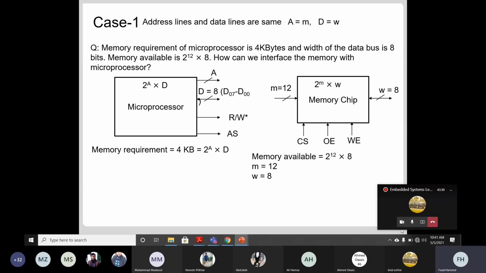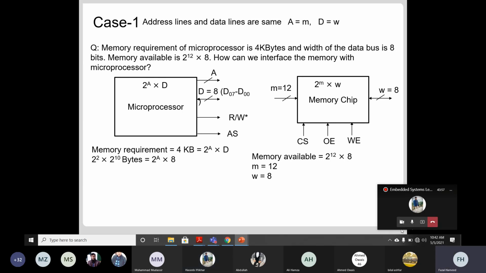And we want to equal it with what? What is given from the microprocessor? A is given or D is given? D is given. What is the value of D? 8. So okay, now we need to find what? Sir, A find करना. We need to find A.